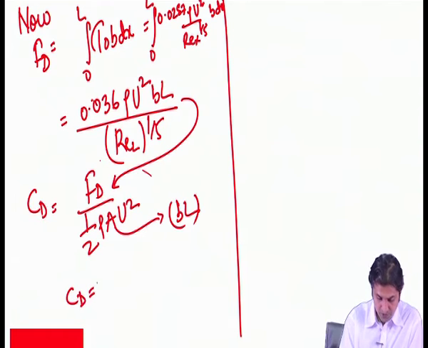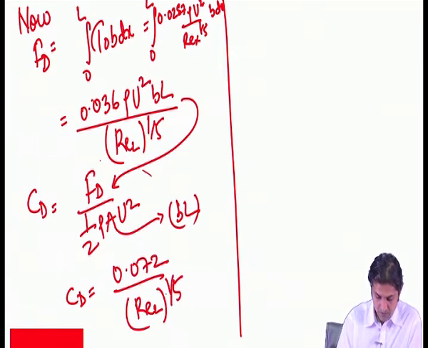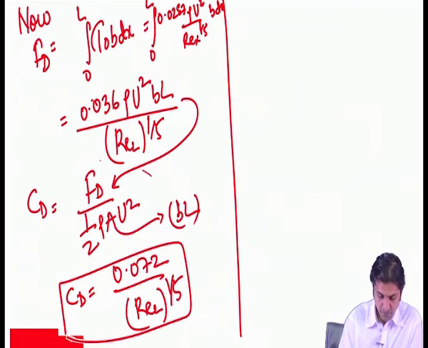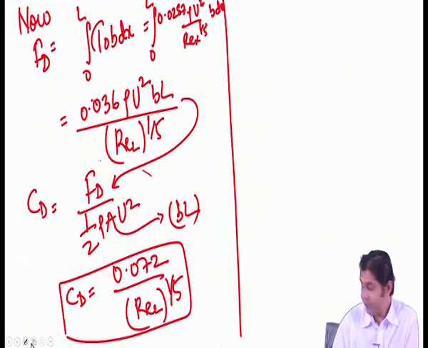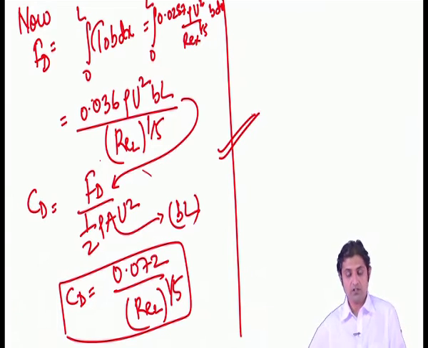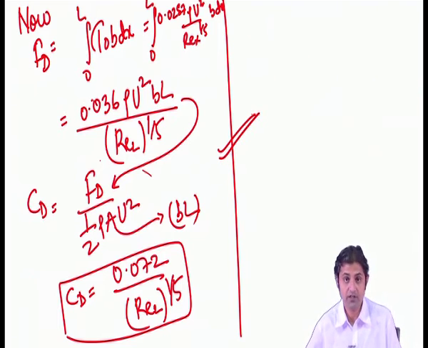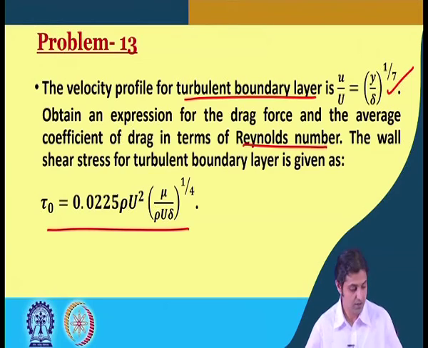Therefore, C_D is going to be 0.072 divided by Re_L to the power 1 by 5. All right. Same way of solution, so no difference. If you get a velocity profile, you can proceed in a similar way, given that for a turbulent flow the shear stress profile is given.